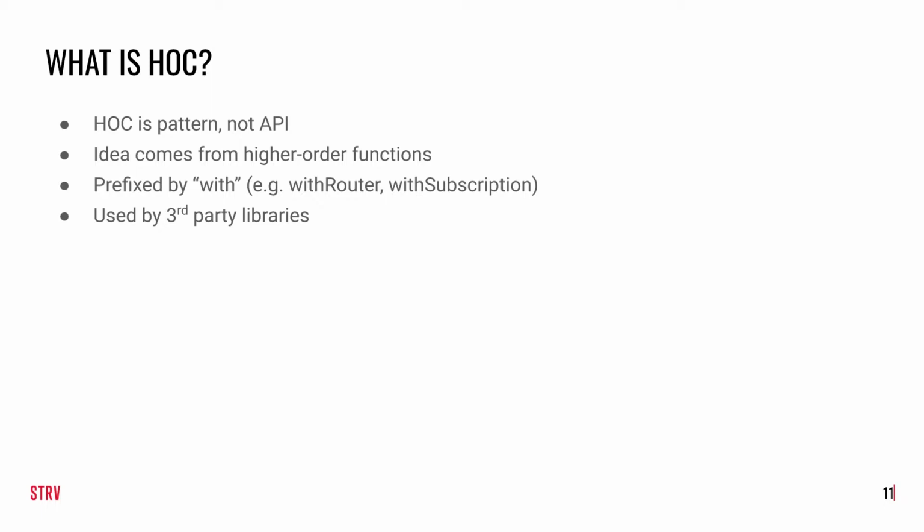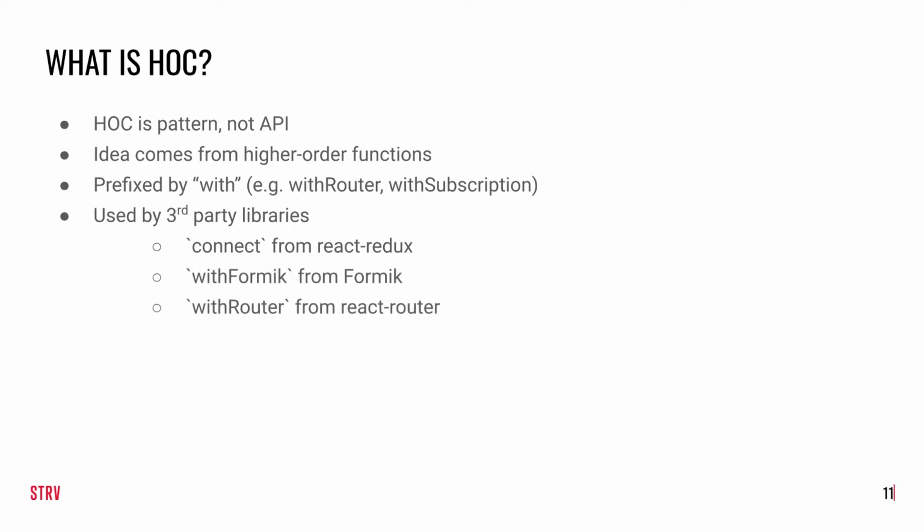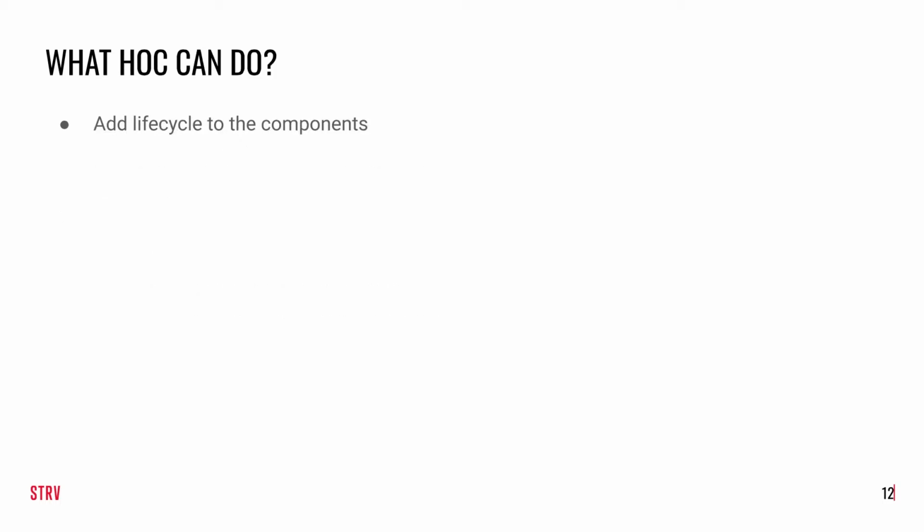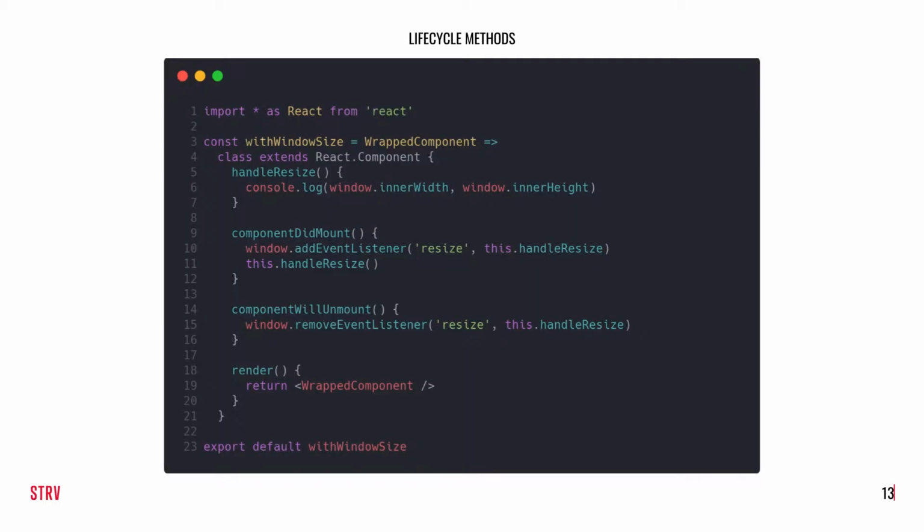And usually they are used as an API for third-party libraries. For example, connect from React Redux is a higher order component. Also, for example, withFormik or withRouter from React Router. And what it can do is, for example, add lifecycle to our components.